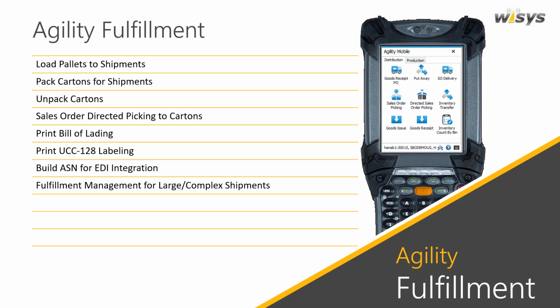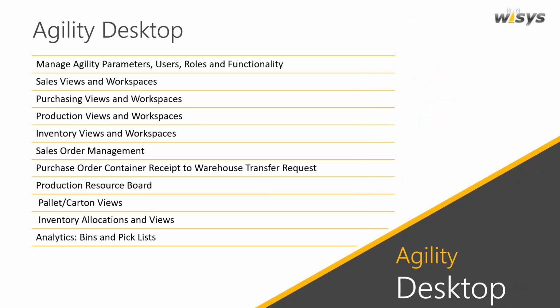Typically, our fulfillment module could be used for companies that ship large, complex shipments, maybe shipping to a lot of distribution centers for the big box stores and so forth.